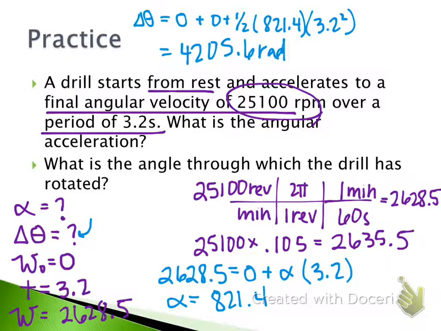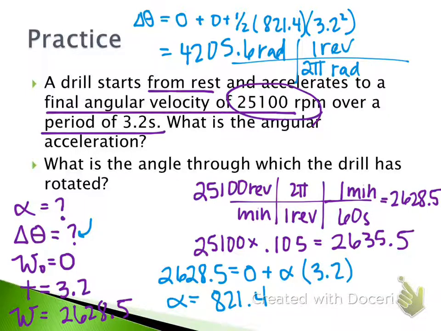Okay, so if we wanted to find out how many revolutions the drill has made, how do we go from radians to revolutions? Divide by 2 pi. 2 pi radians is equal to 1 revolution.